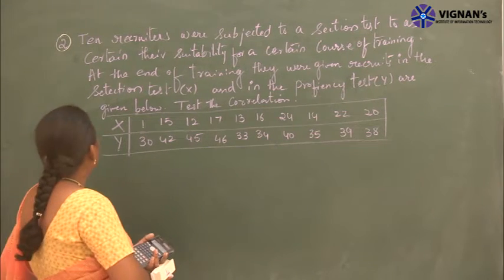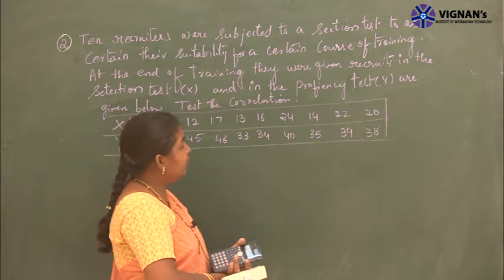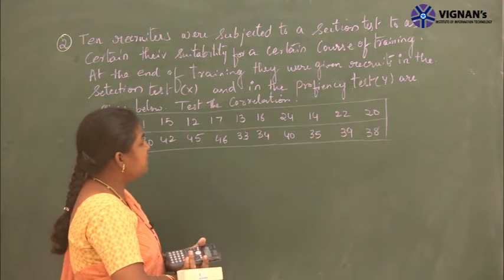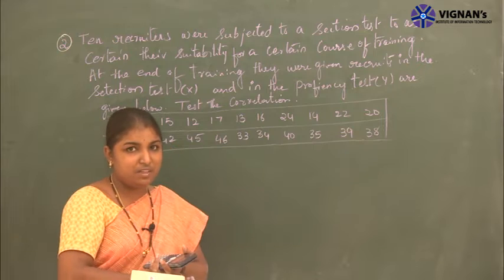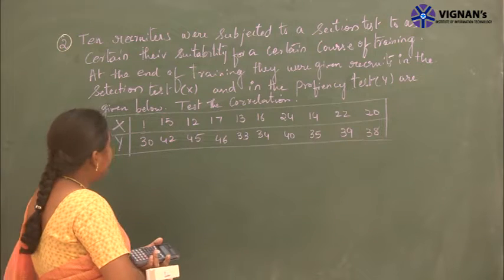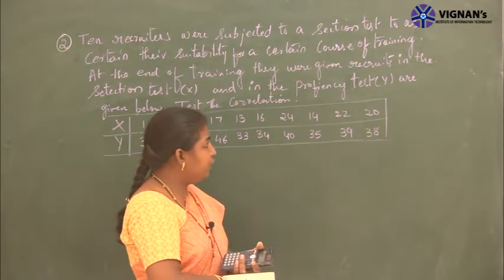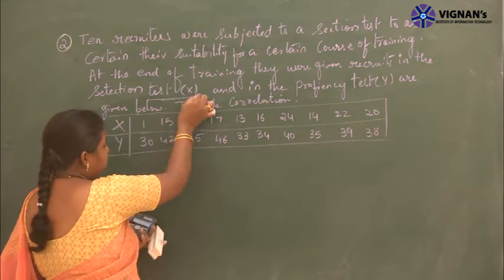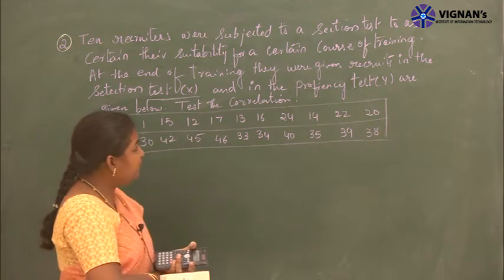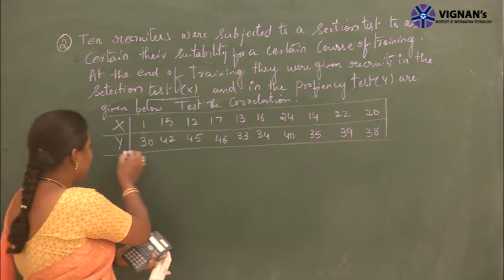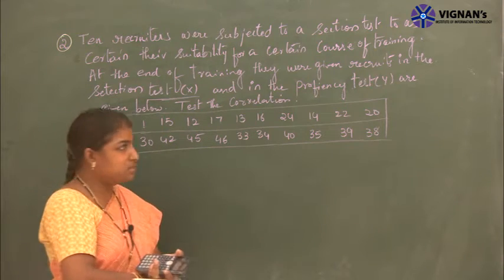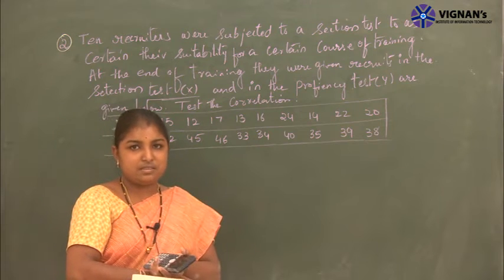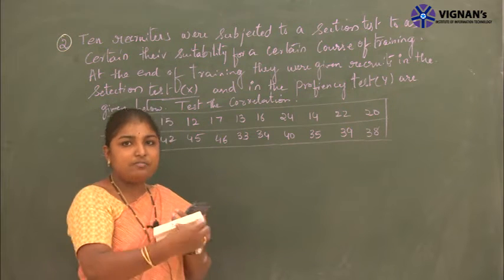Next problem. 10 recruits were subjected to a selection test to ascertain their suitability for a certain course of training. They are given some training. At the end of the training, they were given a proficiency test. The selection test scores are taken as X, and the proficiency test scores are taken as Y. They are given below; test the correlation after training.